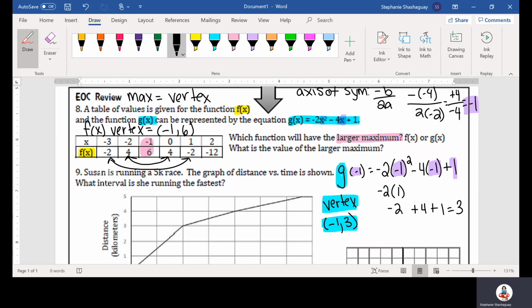And if they're mirroring each other, then that means that my vertex is at negative 1 and my y value is at 6. So my f of x vertex is at negative 1, 6, and my g of x vertex is at negative 1, 3, that means that f of x has the larger maximum.